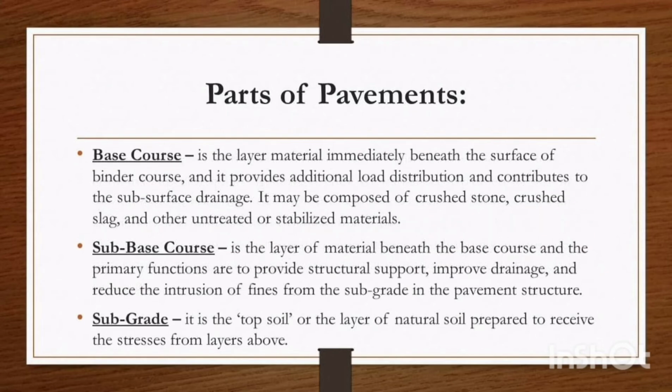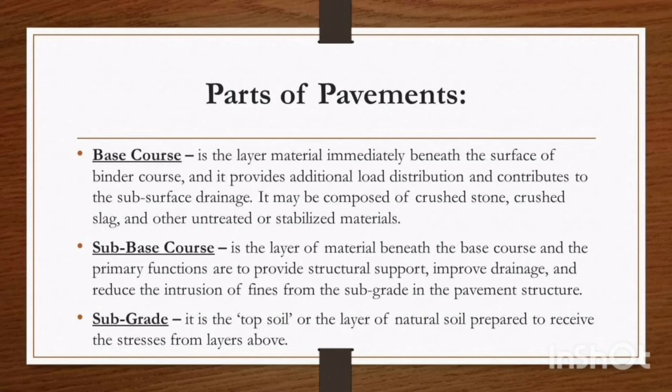The second one is the base course. It is the layer of material immediately beneath the surface or binder course, and it provides additional load distribution and contributes to the subsurface drainage. It may be composed of crushed stone, crushed slag, and other untreated or stabilized materials. The third one is the sub-base course.